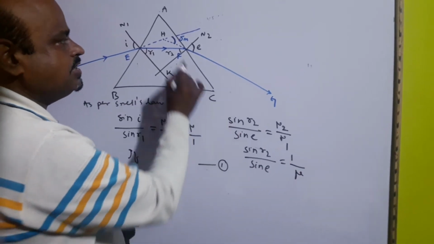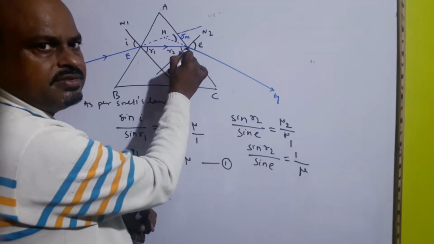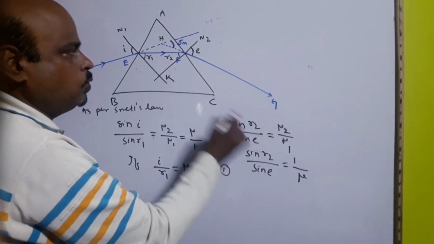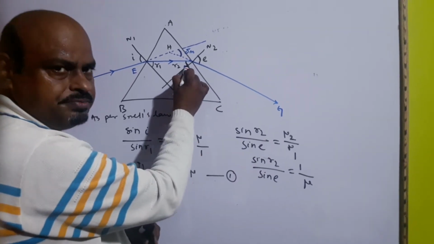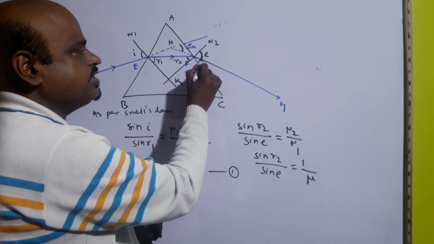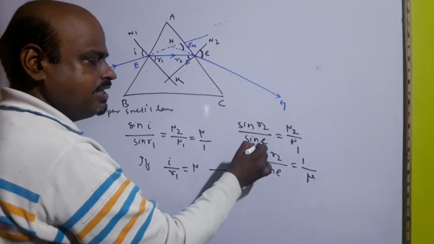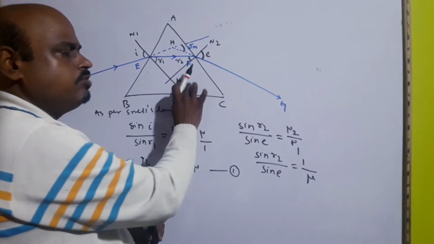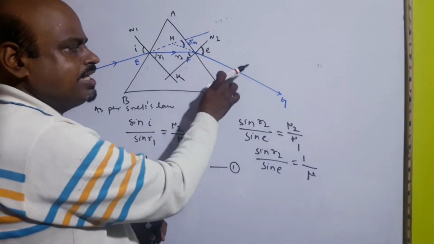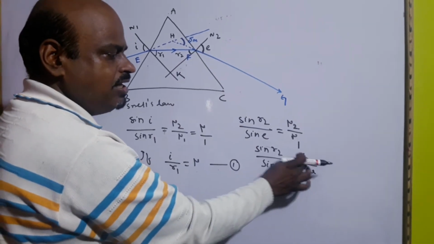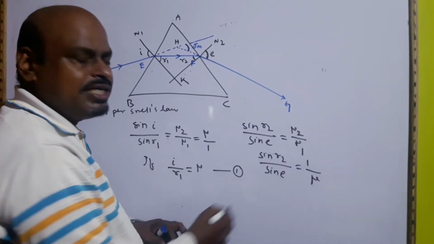Apply Snell's law at point F. Angle of incidence is R2, angle of emergence E. So sin R2 by sin E equal to mu2 by mu1, second medium by first medium. Second medium is air, so I am writing 1. First medium is glass, I am writing mu.